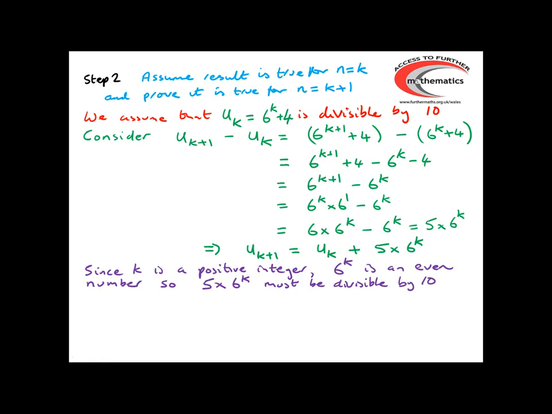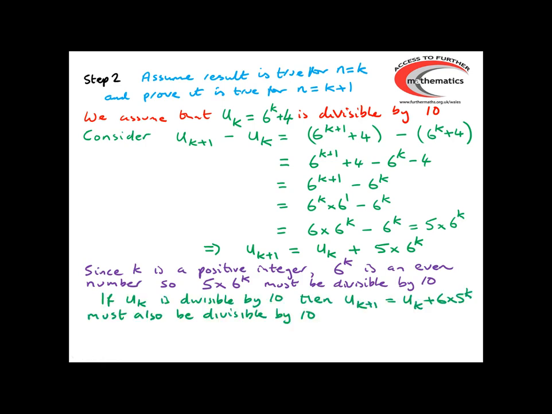So we can deduce that uk plus 1 must also be divisible by 10. So if uk is divisible by 10, then uk plus 1 is divisible by 10. If the result is true for n equals k, then the result is also true for n equals k plus 1.